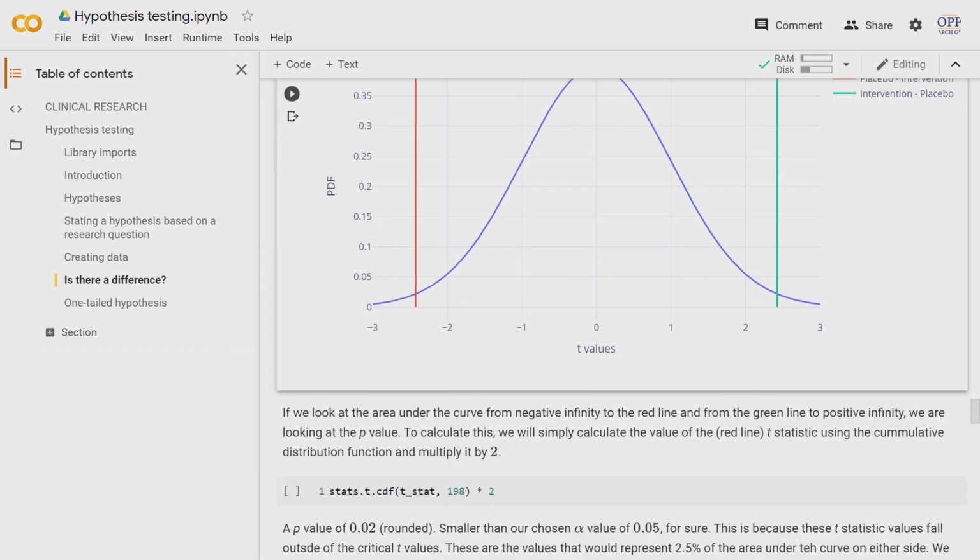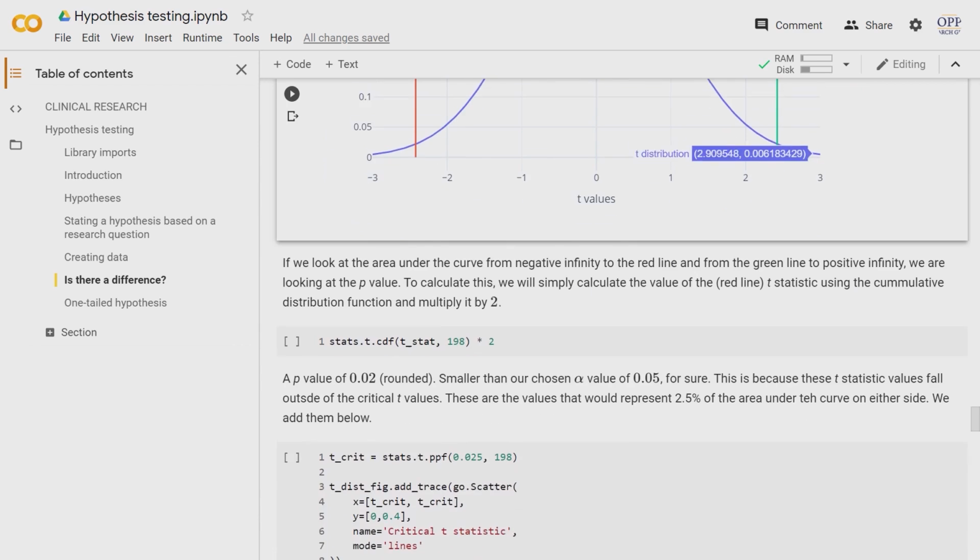And what we are looking for, the p-value, is from this red line towards negative infinity, that little area under the blue curve on that side, and on the right-hand side, the area under the curve from this line, our difference, towards positive infinity. The whole area under the curve from negative infinity to positive infinity works out to be 1, beautifully so, and we just want to work out these two areas under the curve.